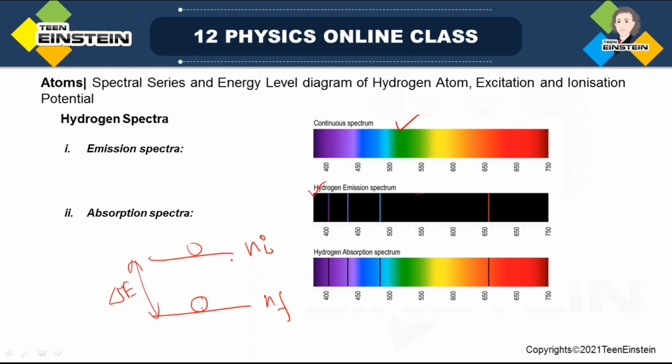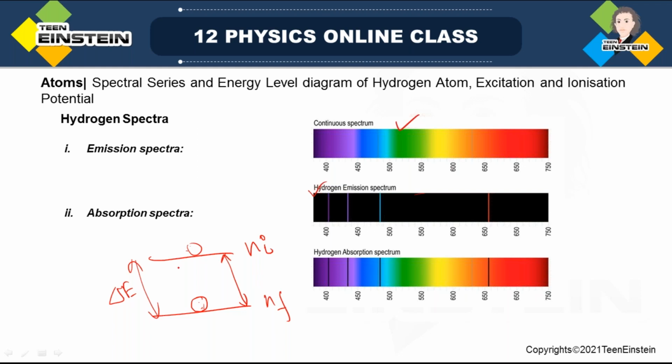So the energy difference between these two is always fixed. That's why when an electron has to be excited, it has to absorb the same energy as it was releasing during de-excitation.